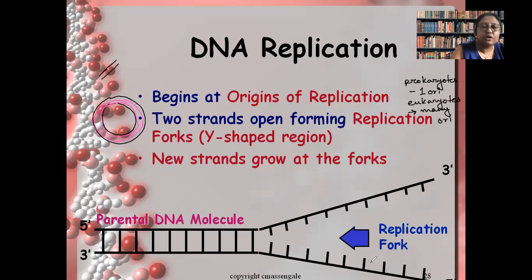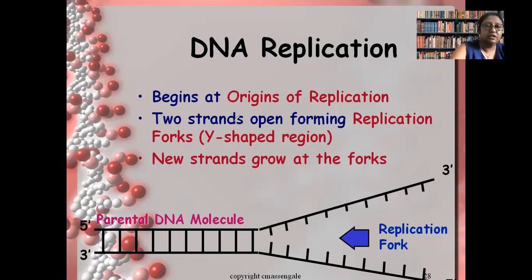So before DNA replication starts, we need to learn how separation of DNA is done. Is the process of DNA replication continuous or semi-continuous? Is the process of DNA replication conservative or non-conservative? What is conservative replication? What is non-conservative replication?